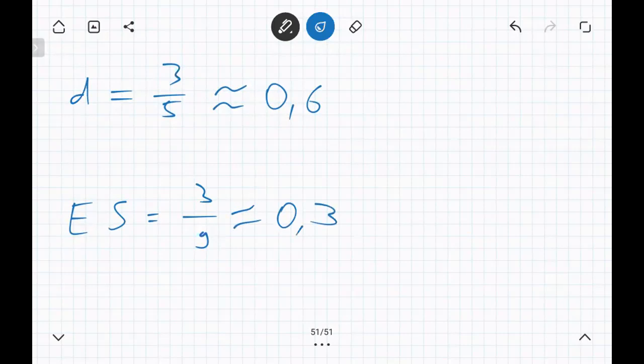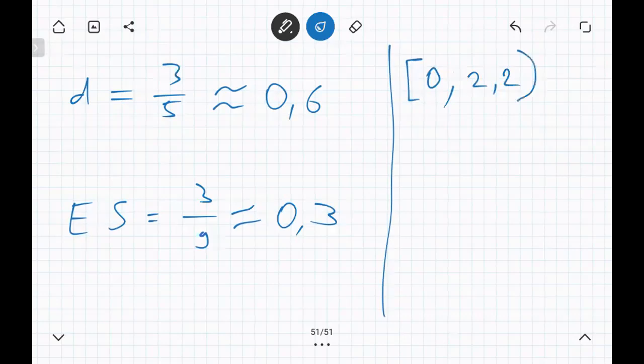And now there is a rule. If your effect size is between 0 and 0.2, then it's a small effect.